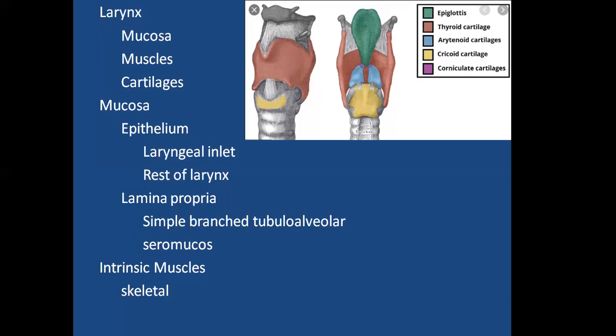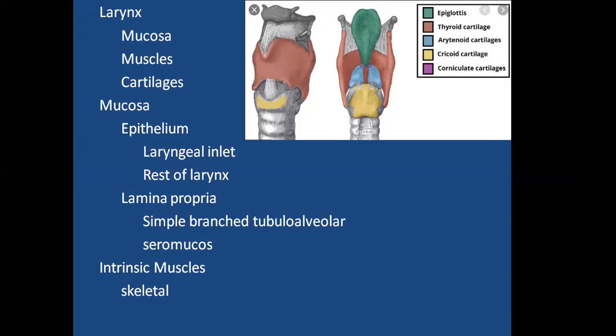The rest of the epithelium is pseudostratified columnar epithelium, ciliated. I'm repeating again, the epithelium of the larynx is pseudostratified columnar epithelium, ciliated, but only over the laryngeal inlet, which is the vocal cords and the epiglottis, the epithelium is stratified squamous epithelium, non-keratinized.